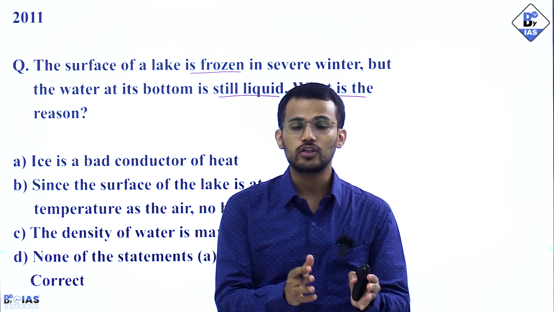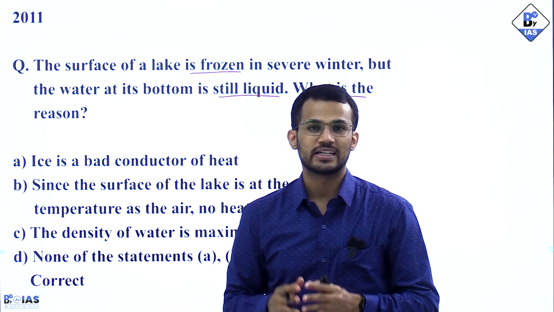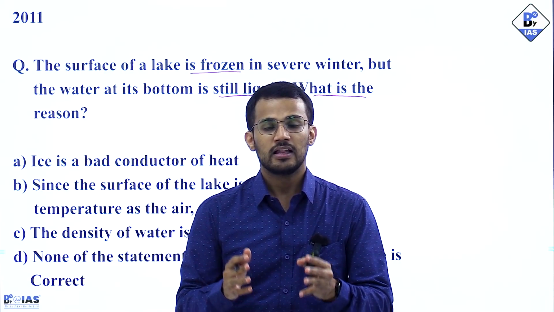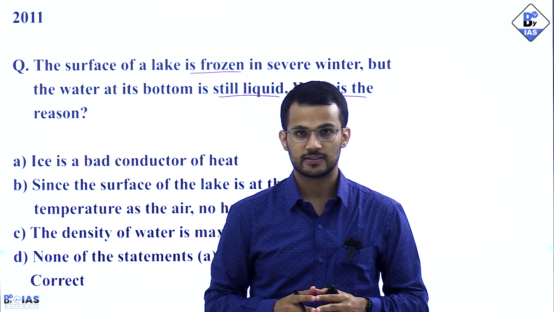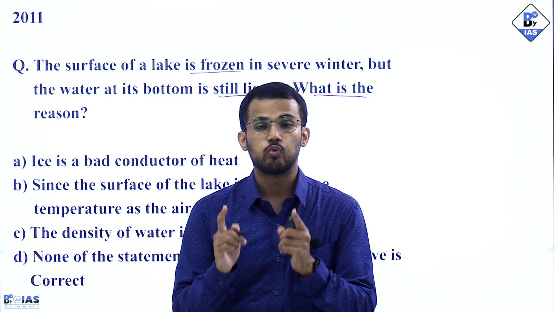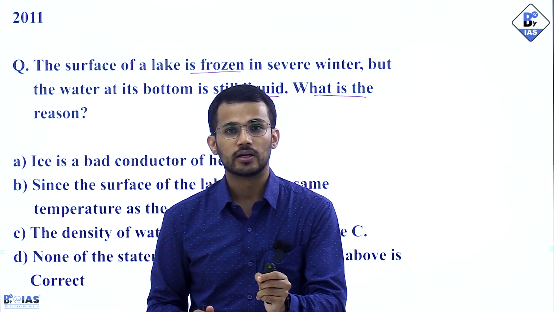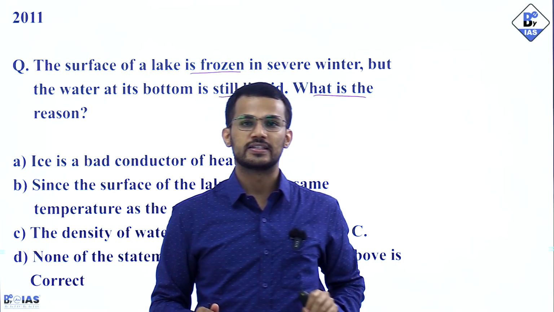And if we try to reduce the temperature of water beyond 4 degrees Celsius, let's say we have reduced the temperature to 0 degrees Celsius, then at 0 degrees Celsius, the density of water will be lower compared to density of water at 4 degrees Celsius.